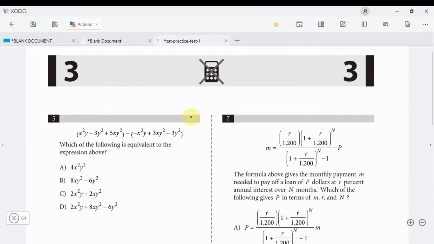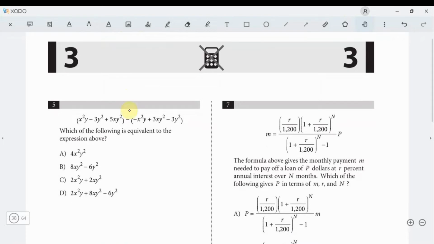Number 5, simplify this algebraic expression. First thing we do is group like terms. So minus and minus here are going to become plus. So you have a x squared y, and then you have a plus x squared y that become 2x squared y. We notice that we have a minus and a minus here, so this becomes plus again. And we have a minus 3y squared.